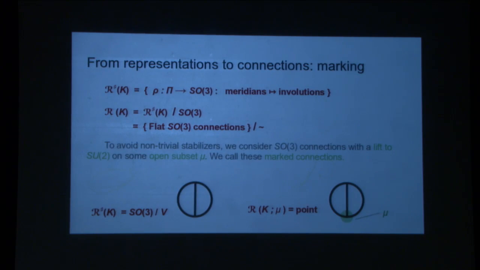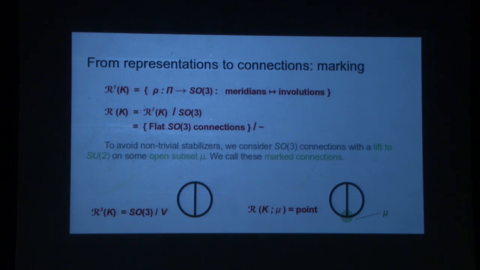I want to give a few more details about how J sharp is constructed. So the first point is when we look at representations of a group, what we're normally thinking of looking at is representations up to conjugacy.